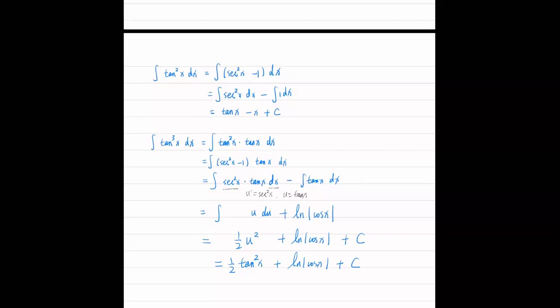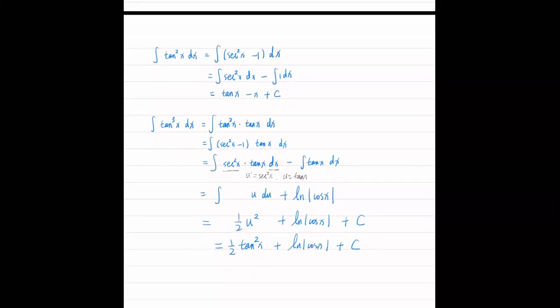Either way, we convert this to something simpler and we find the integral. And the next time, we will start with secant and the mixture of secant with tangent. This will finish the trig integrals. Okay. All right.